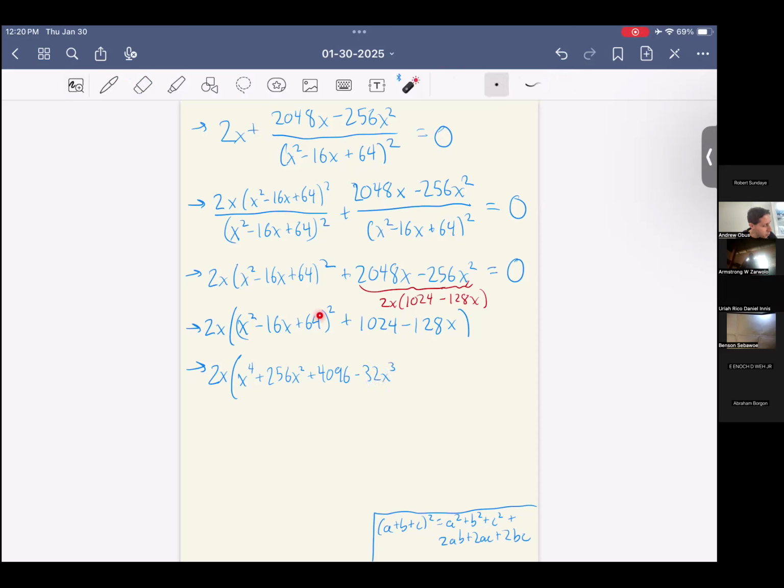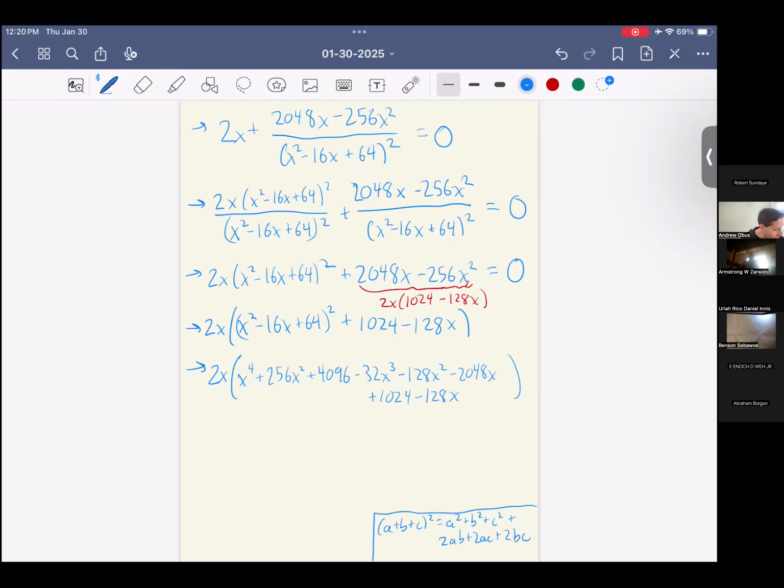And here we have the x squared and the 64, so minus 128x squared. And then lastly, we have the 16 and the 64. That product is 1024. So it's going to be minus 2048x. And then also, plus 1024 minus 128x.